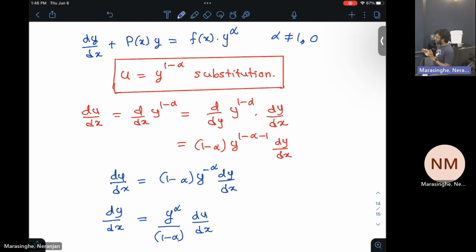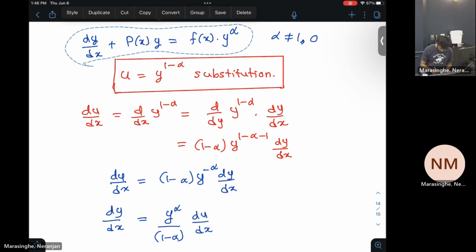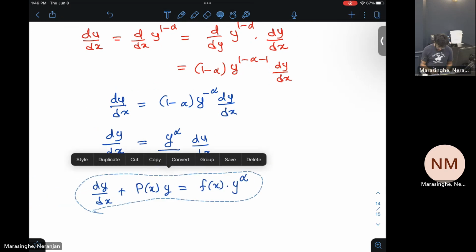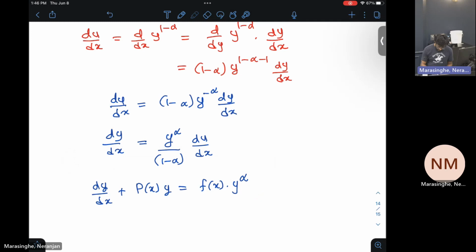Now I have a formula for dy/dx. Next, I'm going to plug this into my original equation. This is my original equation. Now instead of dy/dx, I'm going to plug this one.